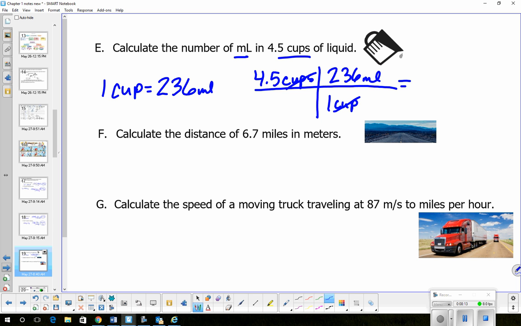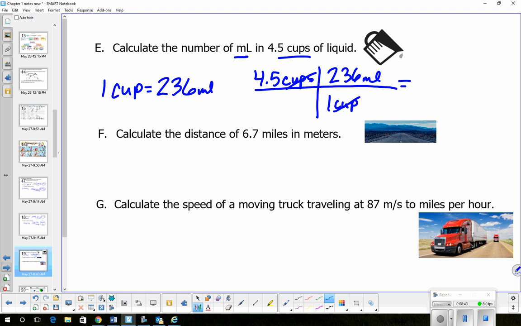Number 3, if a 0 tells me how well something's measured, it's significant. The 4th rule is a not significant. A 0 is not significant if it just tells me how big or how small. Again, one more time. 1 through 9 significant. Sandwich zeros are significant. If a 0 tells me how well I measured, significant. If a 0 just tells me how big or how small, not significant.